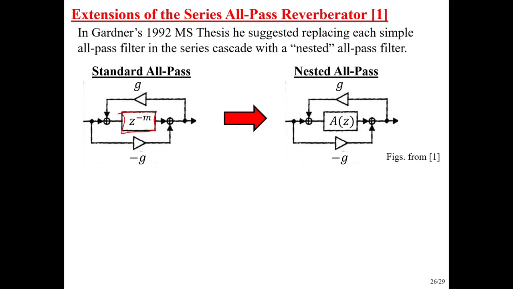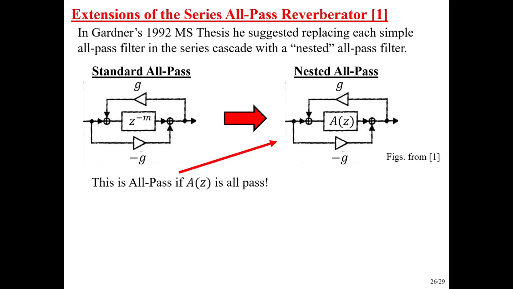So take that and replace it with an all-pass filter, a more general all-pass filter. So take maybe this whole thing and put it inside here. It's sort of like those Russian nested dolls, right? And I guess you could go even farther. Once you put this inside here, then the thing that's inside there could have another doll nested inside and another doll nested inside that. So you could do this pretty crazily if you wanted to. But I think maybe Gardner just said, just nest it once.